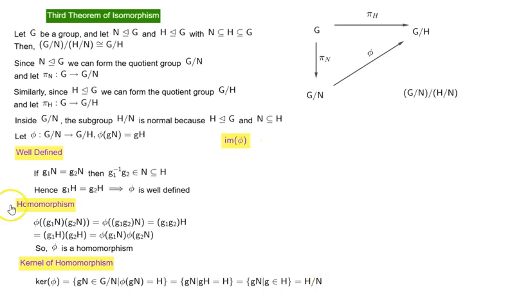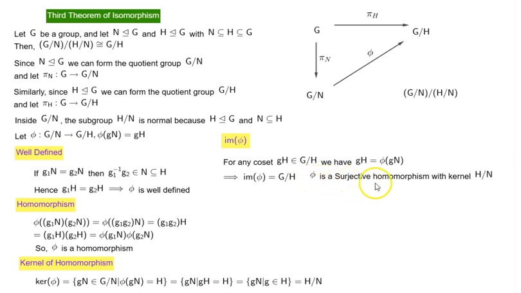Now let's look at the image of phi. For any coset gH in G/H, we have gH equal to phi of gN, which implies the image of phi is equal to G/H.